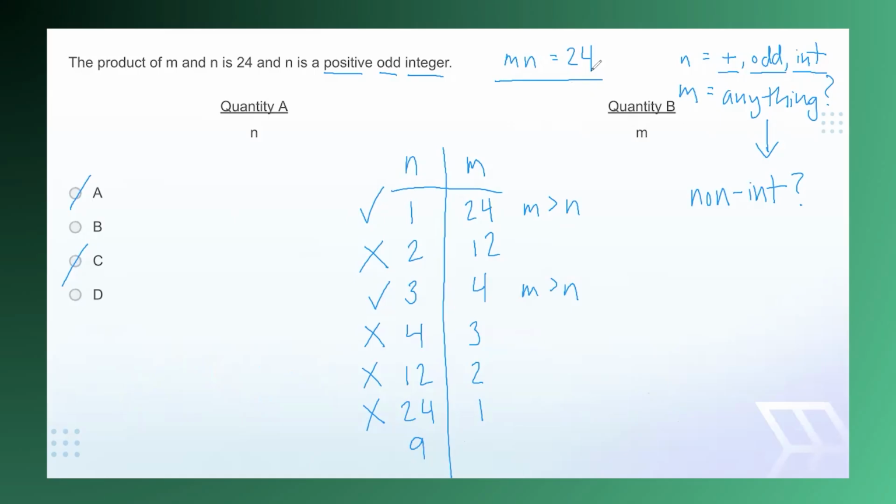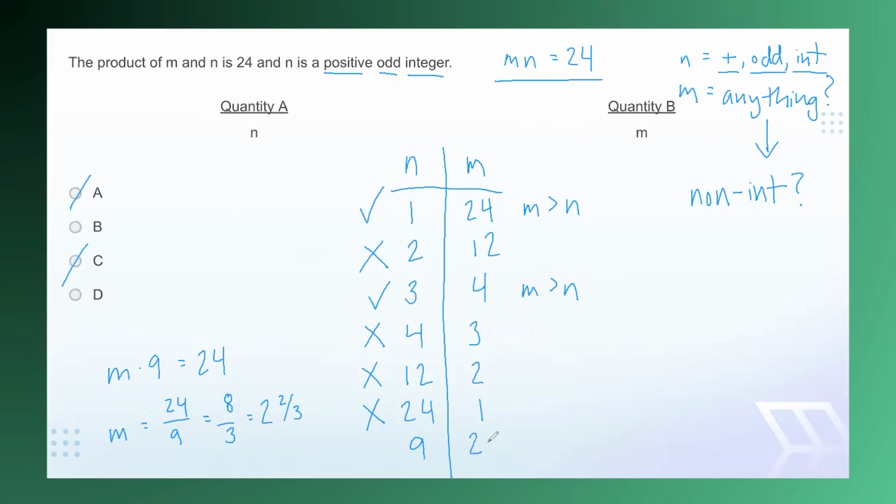Okay, now plugging that into my equation up here, I'm going to get m times 9 equals 24. Okay, dividing both sides by 9, I'm going to get m equals 24 over 9. That reduces to 8 over 3, or 2 and 2/3.